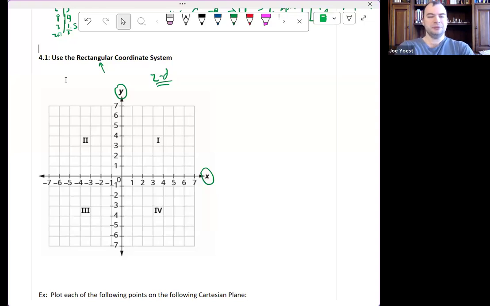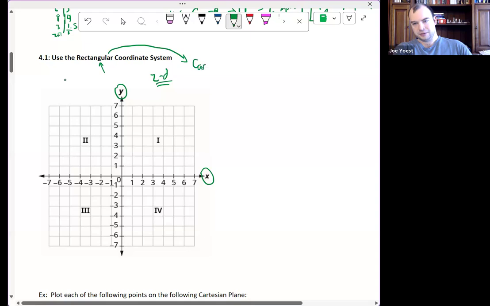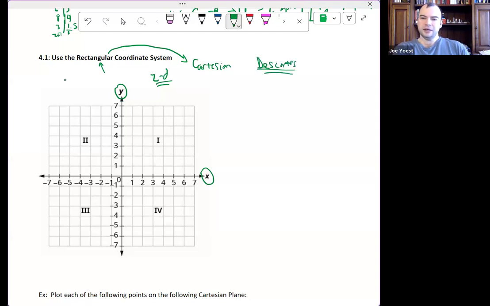We're trying to work up to the point of that fluency between algebraic structures and graphical structures, and we're introducing our rectangular coordinate system. Sometimes this is called the Cartesian coordinate system, named after Descartes, Rene Descartes, the French philosopher, famous for cogito ergo sum.